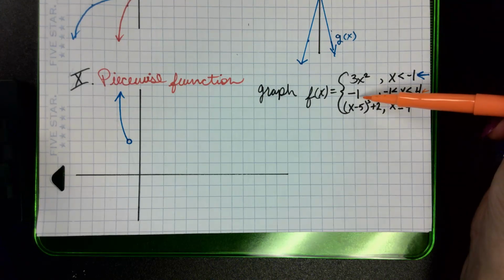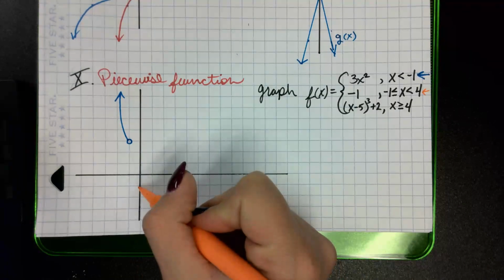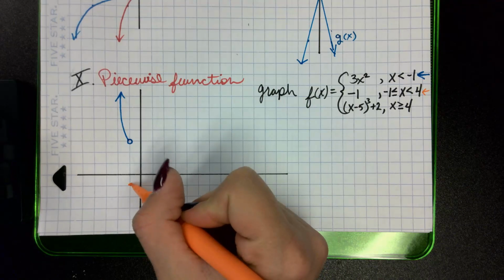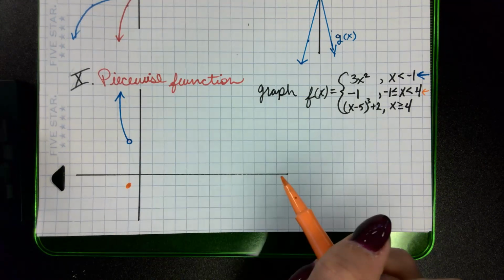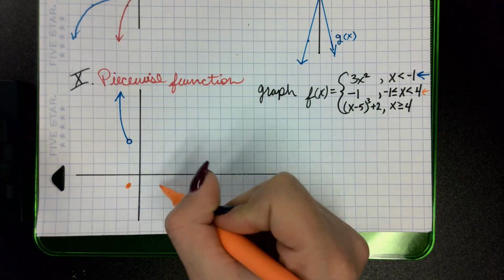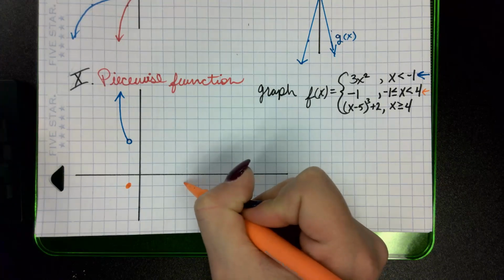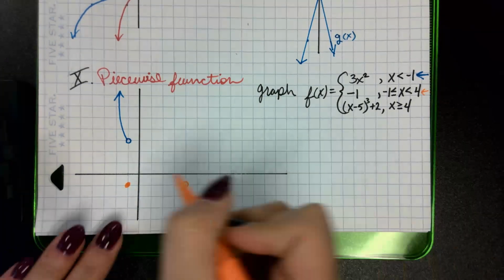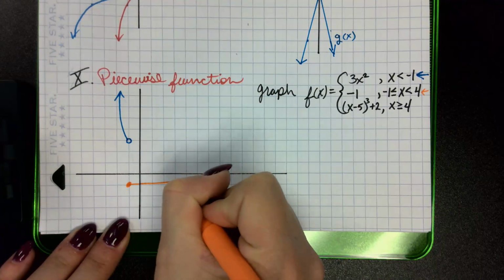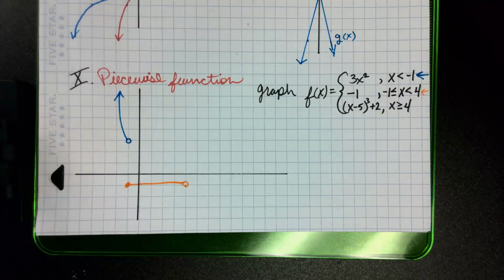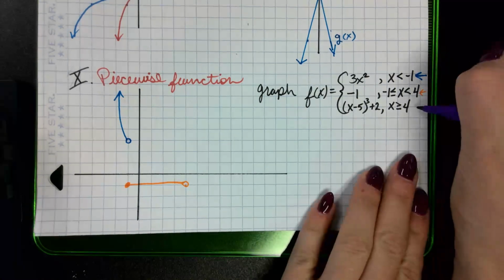So that's a horizontal line at y is negative 1, and it goes from negative 1, and I'm including negative 1 all the way to 4. 1, 2, 3, 4, but I'm not including 4. And then I graph the last part.